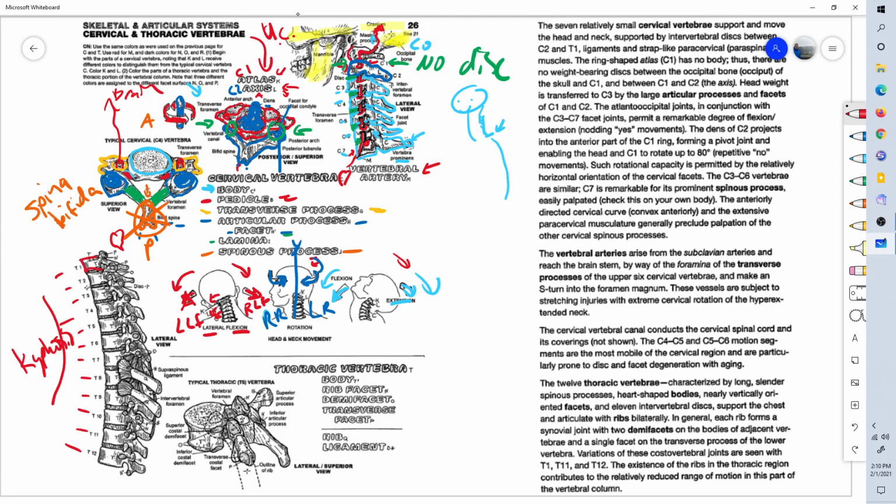Here's the body. Transverse process, the spinous process out here, and the inferior articulating facet here, and the superior articulating facet right there. And here is the body of the next vertebra, T2.